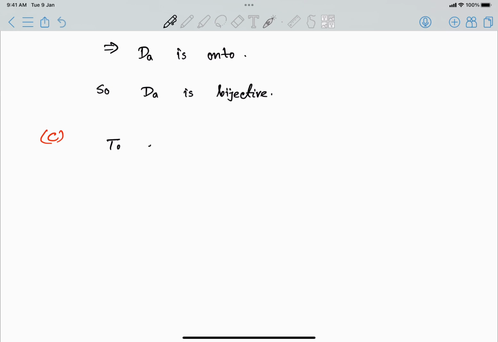So to check whether dA composed dB is d of A plus B for B positive or not, let's check dA composed dB of f of x.